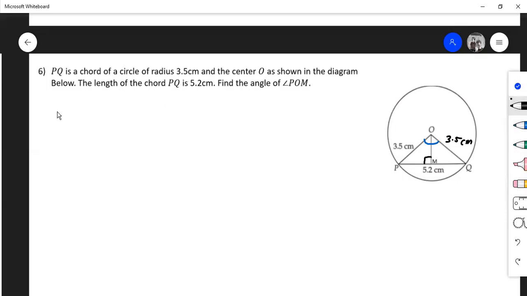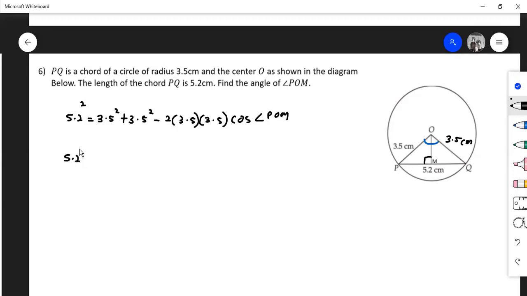I'm going to write here: 5.2 squared equals 3.5 squared plus 3.5 squared minus 2 times 3.5 times 3.5 times cos angle POM. I don't know the angle POM, so I just write POM. What we do is shift everything one by one. I forgot c square, so I should have c square here.